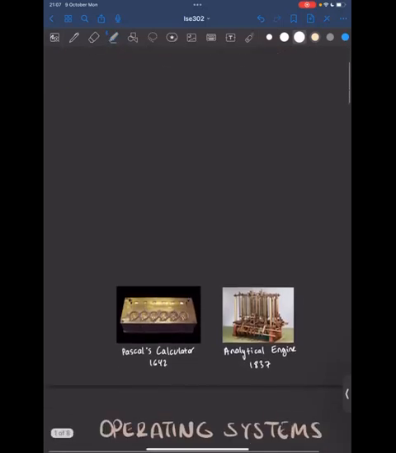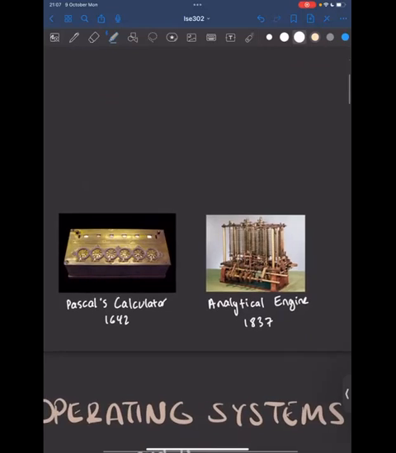First, I may mention early mechanical calculators from several centuries ago. For instance, Pascal's calculator, invented by Blaise Pascal, was one of the earliest mechanical calculators capable of addition and subtraction. Moving into the 19th century, we encounter Charles Babbage's analytical engine.